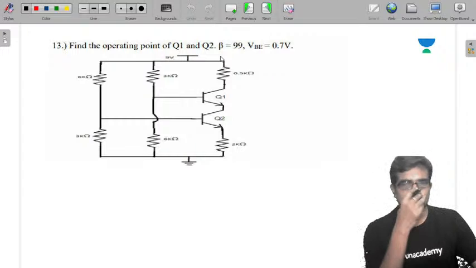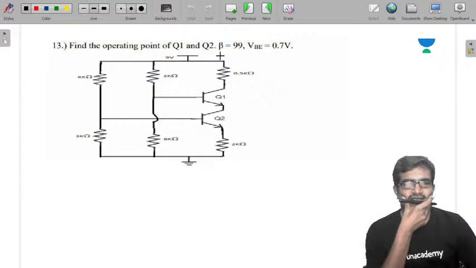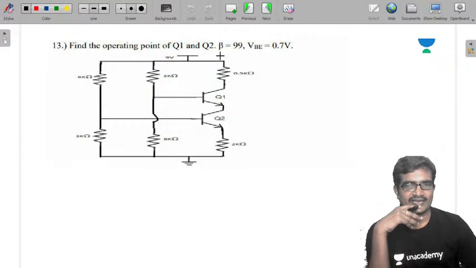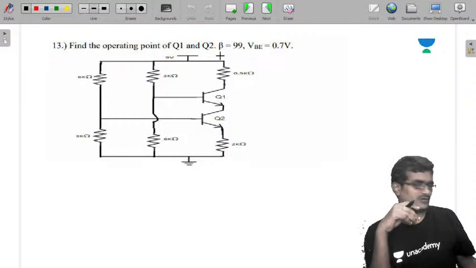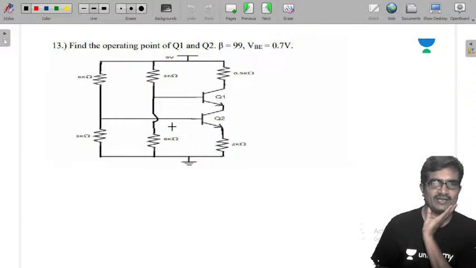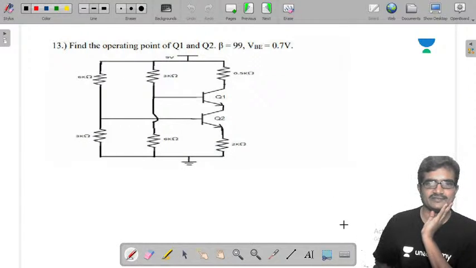Now, they have given two transistors Q1 and Q2. You need to calculate the operating point of both the transistors. For reference purposes I am taking the circuit.